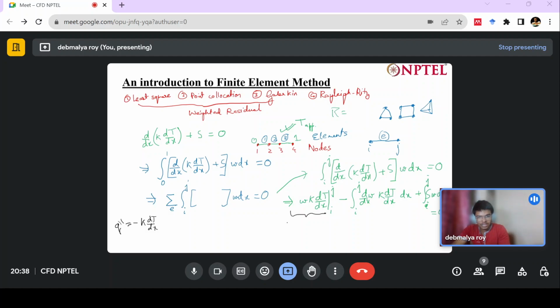So at J, this will be W at J, so WJ, and k dT/dx at J, which will be minus the heat flux at J. Similarly, if it is evaluated at I, we will get this term. So I will use this expression.